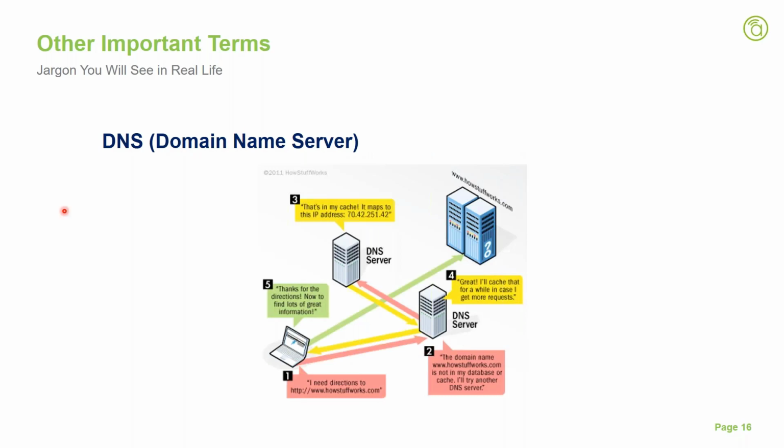Another industry jargon that you will run into is DNS, which is domain name server. So we talked about the network being designed to go at scale across the world. The IP addresses, while they're really good in terms of design of what they are intended to do, it's really hard for the end user to remember the IP address of a certain website they want to access.